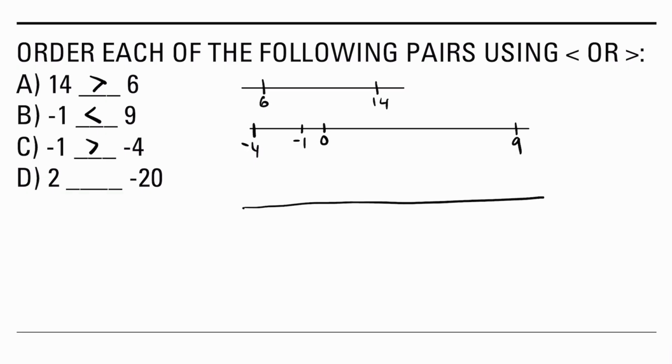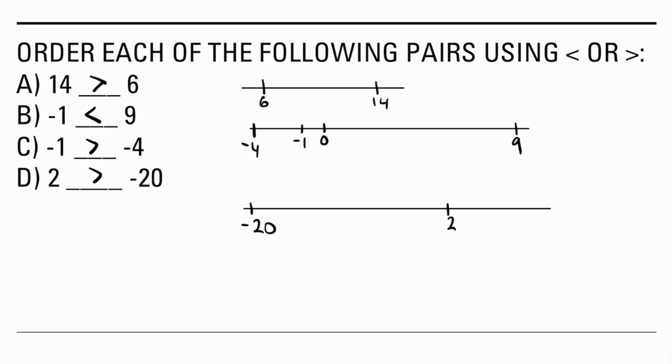Now with a last little number line, we want to plot 2. So let's say 2 is here, and then we plot -20. You can see that -20 is significantly further to the left, or significantly smaller than 2. And so therefore 2 would be greater than -20.